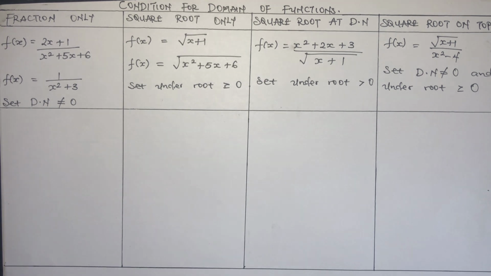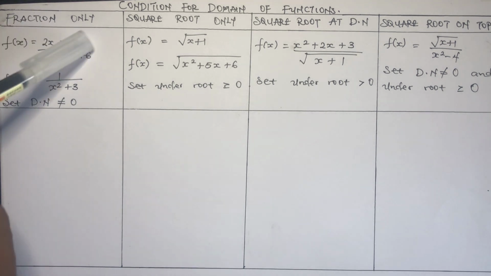We have seen in our previous classes that there are certain conditions that must be considered when we are talking about domain of functions. These conditions are dependent on the type of function you have. We have a type of function where we just have the numerator being divided by the denominator.